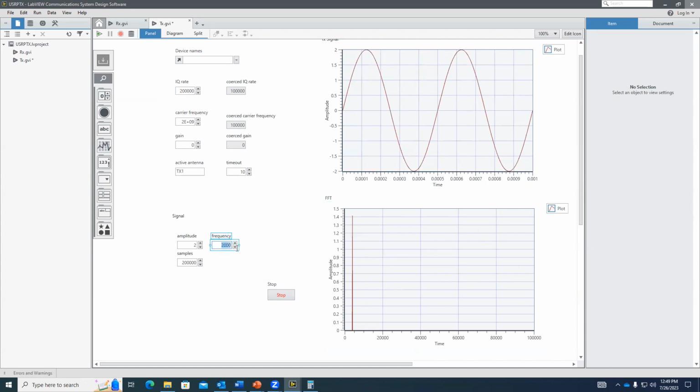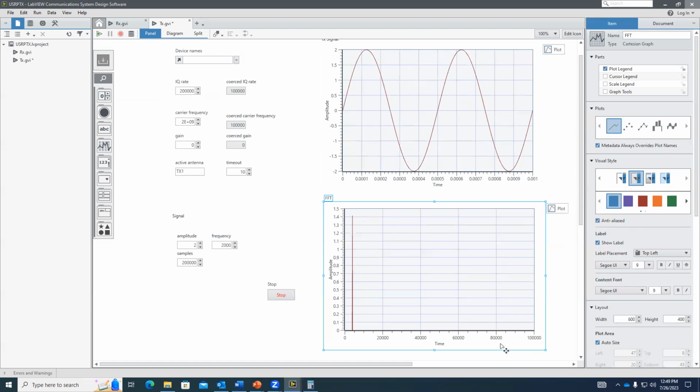And for this the frequency is 2000. So choose some value greater than 2000. Say 3000. Auto scale.